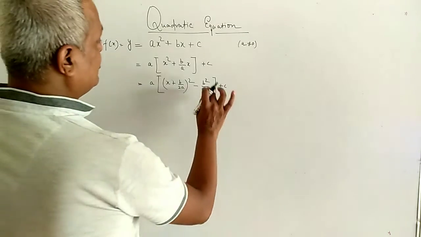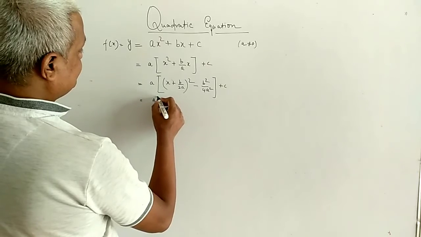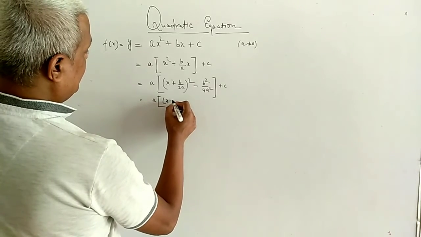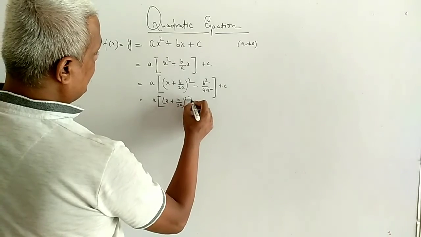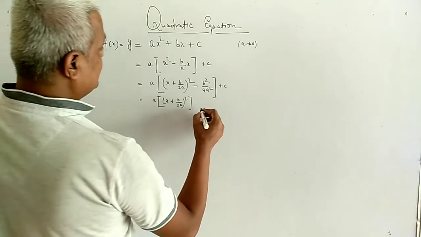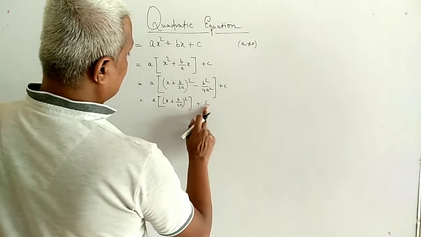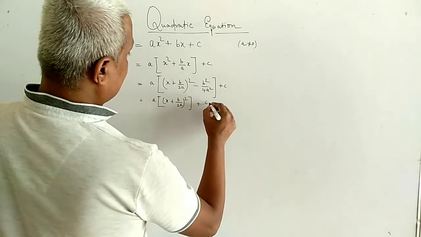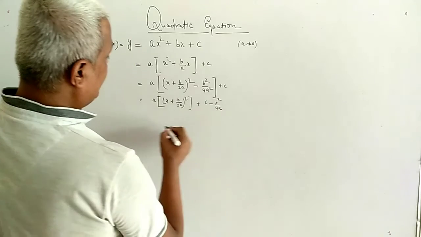Now I just try to keep this aside in this form, so I get a times x plus b upon 2a whole square. If I multiply this with this, then it will become 4a. So I'll write it as c over, oh sorry, c minus b square over 4a.